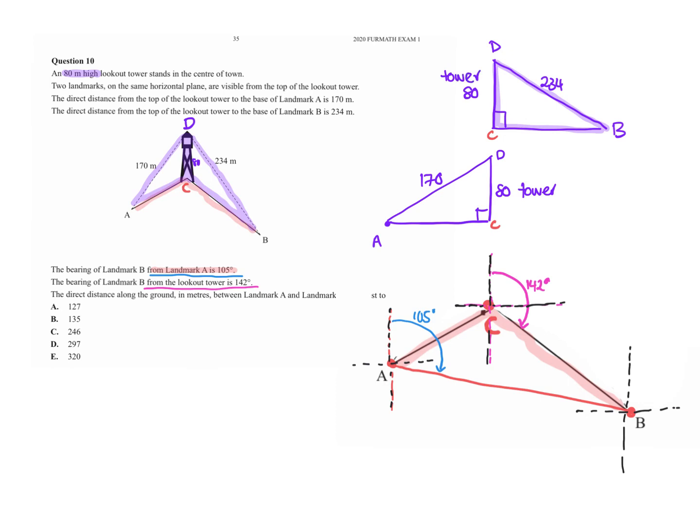And they've given us that distance. When I use the tower, I know that, and I can find the distance between C and B. I've labelled this triangle, so say I call that X, it means I'm finding that distance in there.